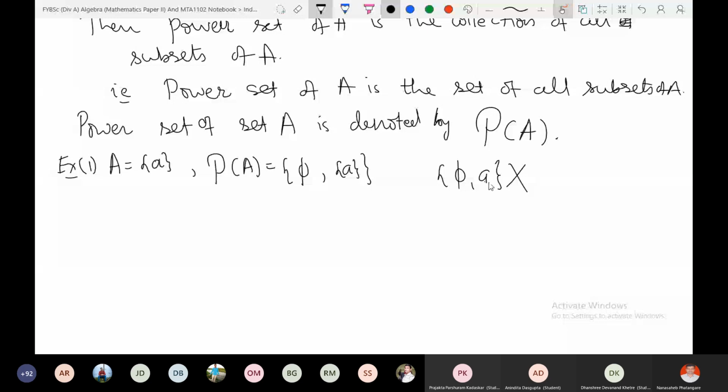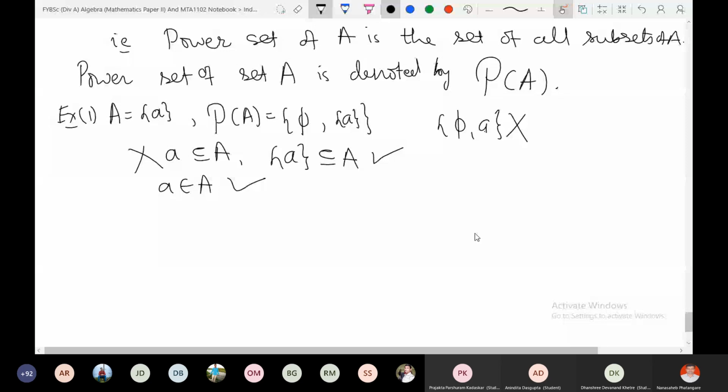So again, let me clear that set A is a subset of A. This is correct, right? A is a member of A is correct, but the element A being a subset of A is not correct. But set A is a subset of A is correct. So do you understand the difference? Yes, sir.